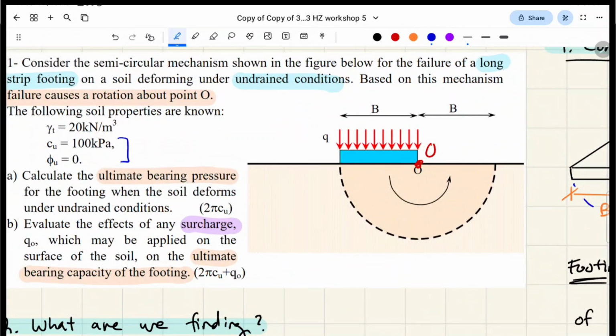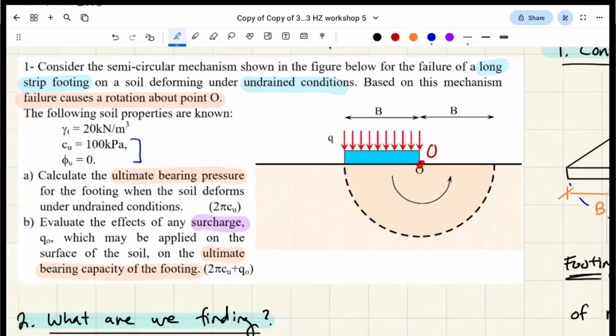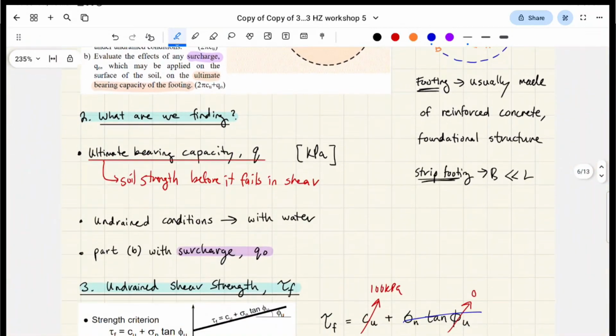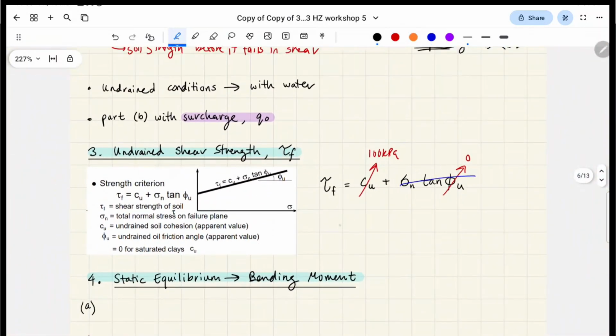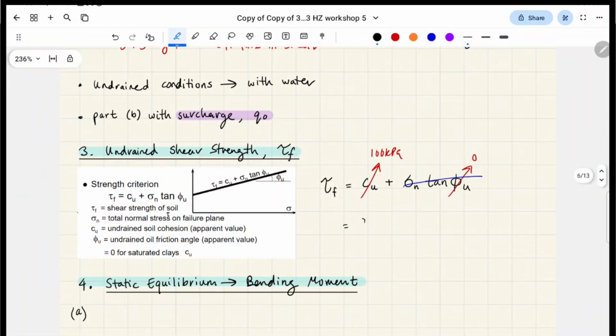Basically, what we're looking at is some sort of clay which primarily gets its strength from cohesion rather than friction, right? In the question solutions, they actually just keep Cu algebraic for now, so that's what I'm going to do. So instead of replacing it with 100 kPa right now, I'm just going to replace it at the end, okay?